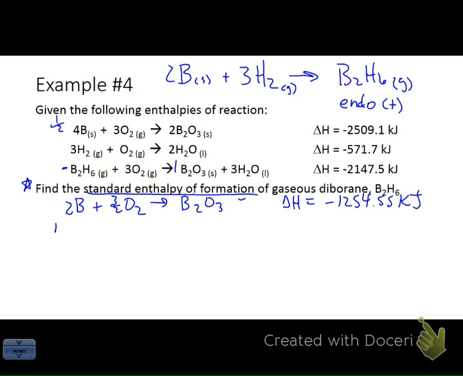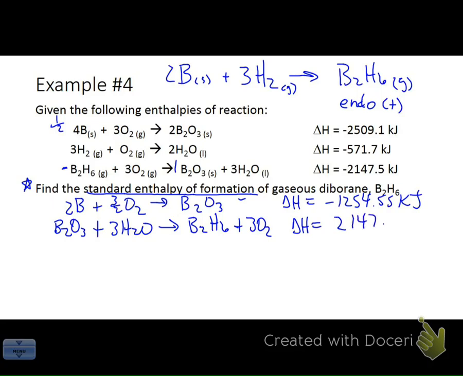So B2O3 plus 3H2O gives me B2H6. That's good because in my overall reaction I need one B2H6. And then 3O2. The enthalpy here, since we just flipped it, will be positive 2147.5 kilojoules.